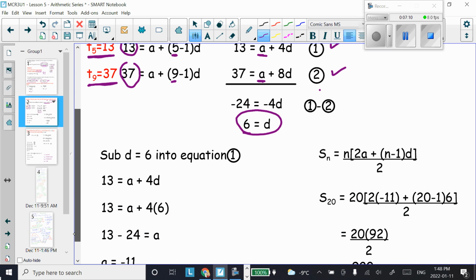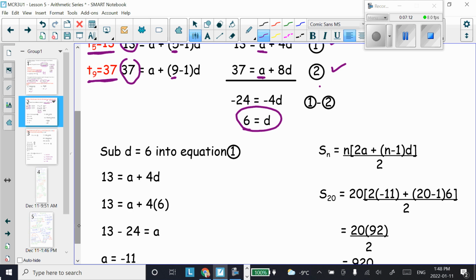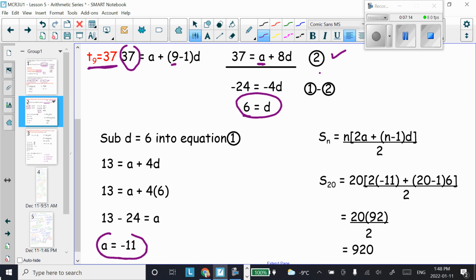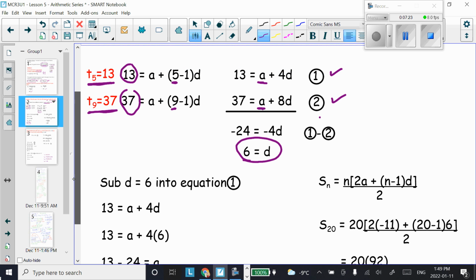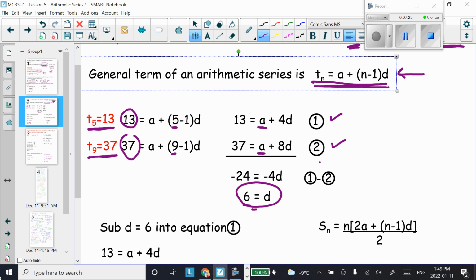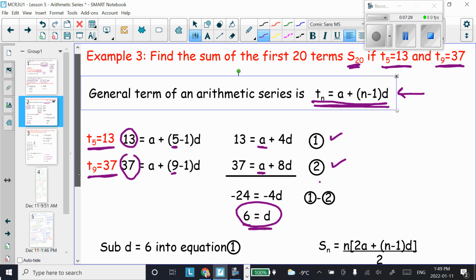I chose equation 1. And I got a equals negative 11. So I know that my first term is negative 11. I know that my terms are increasing by 6, so they're going up by 6, starting at negative 11.